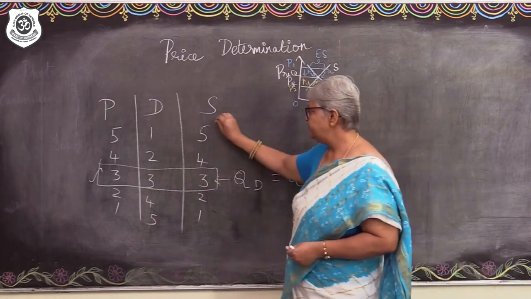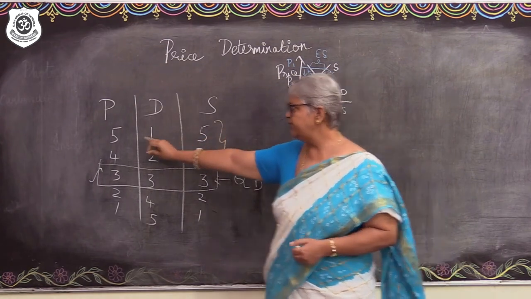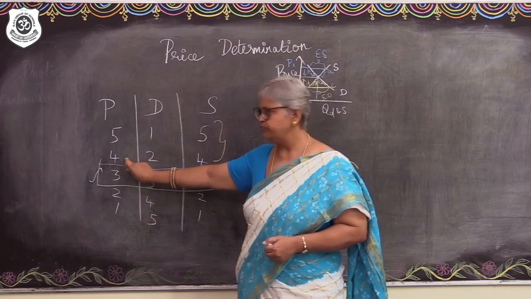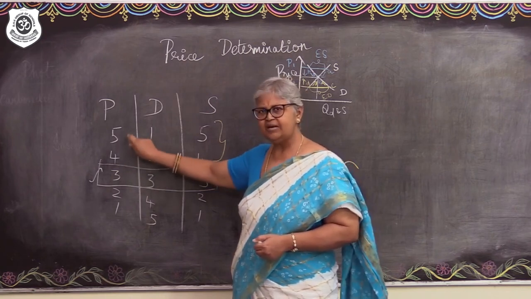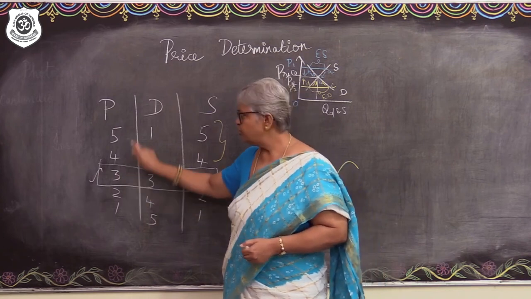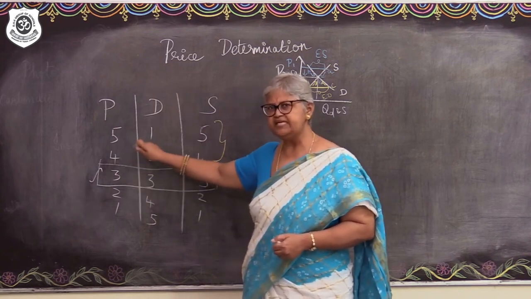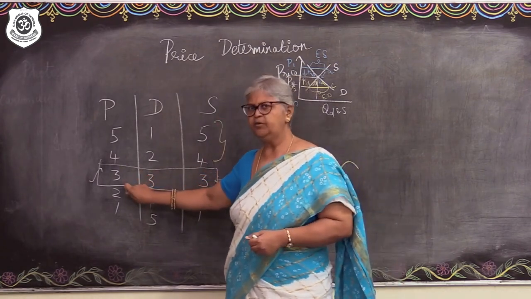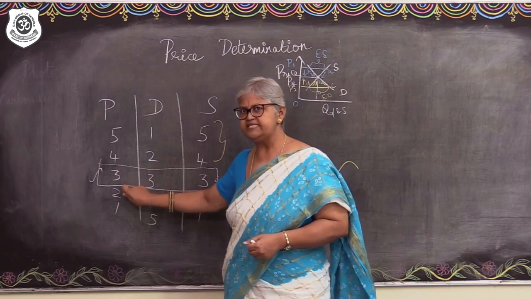Look at these two levels. Over here, price is 5 and then price is 4. These price levels are much higher than 3, right? So 5 and 4 is a price level which is above the so-called equilibrium price, isn't it?